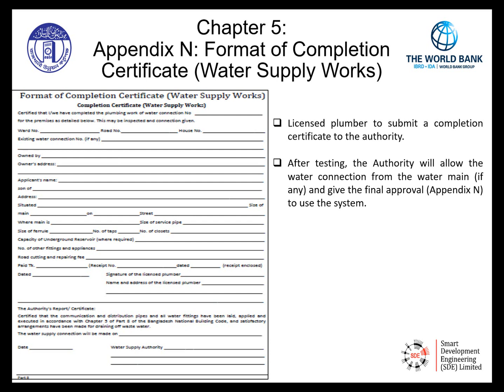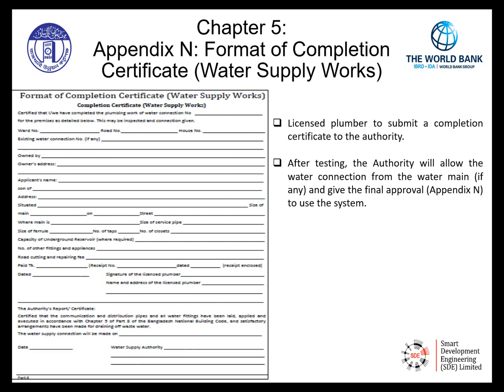The plumber must indicate the owner, the owner's address, the applicant's name, the address and location, where the main is, and the size of the service pipe, the size of the ferrule, any number of traps, any number of closets, the capacity of underground reservoir where required.